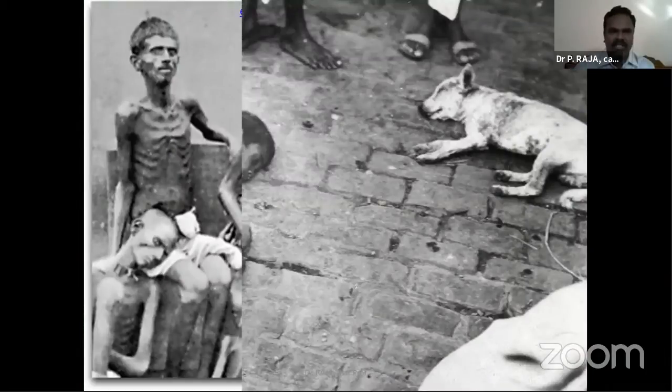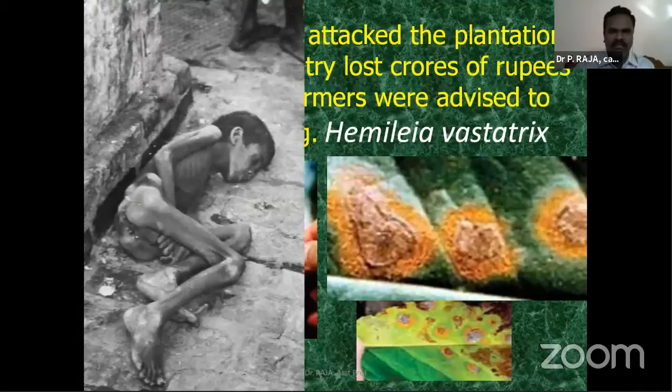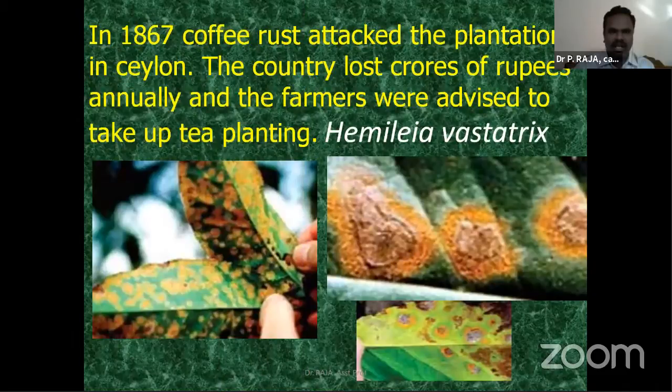And in 1867, coffee rust attacked the plantations in Sri Lanka. Losses were crores of rupees. This disease is caused by the fungus Hemileia vastatrix. The leaves were totally infected with Hemileia vastatrix, as a result of which they were not able to produce quality coffee.